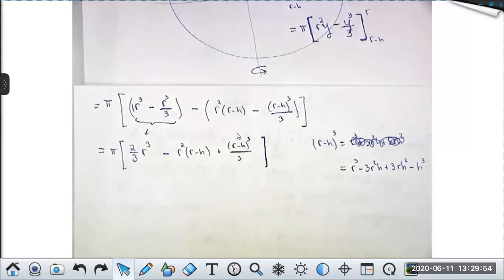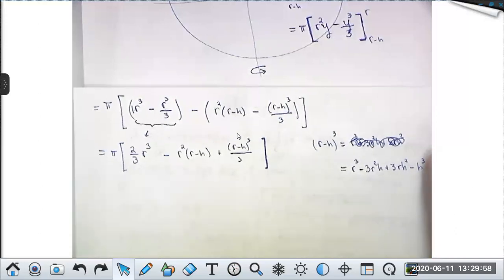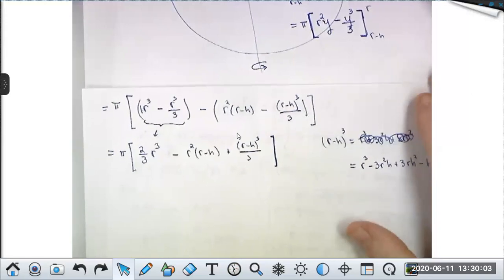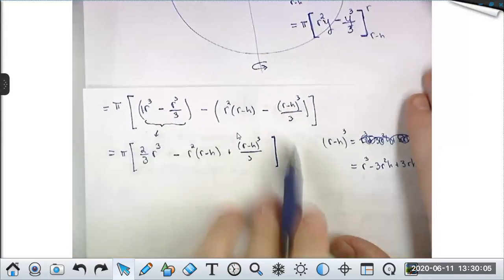You can input this answer and it would be okay, but we don't need to. You could just leave it like this. That would be all right.